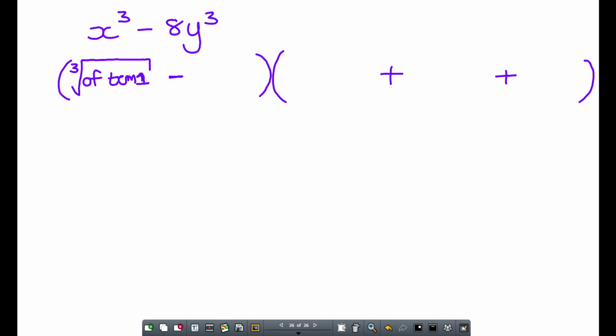Derde magswortel van term 1. Okay, hoe gaan ek hierdie tweede deel kry? Ek gaan sê, derde magswortel van term 2. Dit is baie lelik geskryf, sorry.